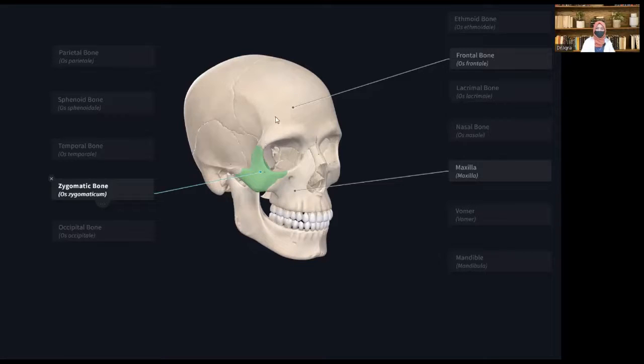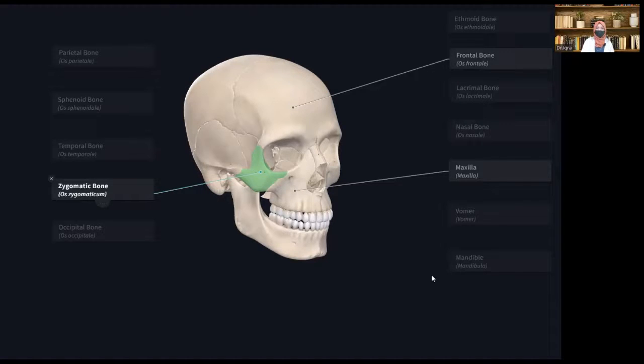Zygomatic bone is inferior to the frontal bone, anterior to the temporal bone, and lies anterior to the sphenoid bone, and lies lateral to the nasal bone. So zygomatic bone is basically involved in the structure of the face, and it is the bone that is involved in our smiling.